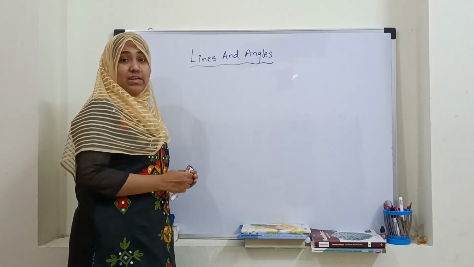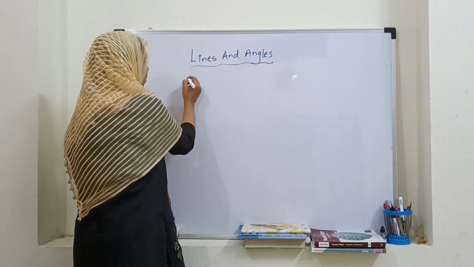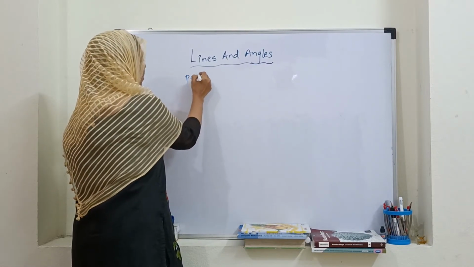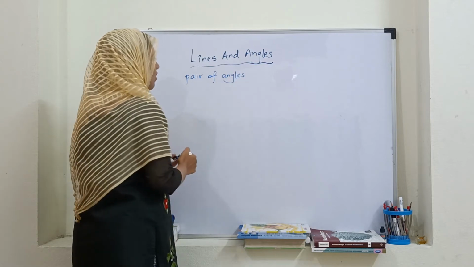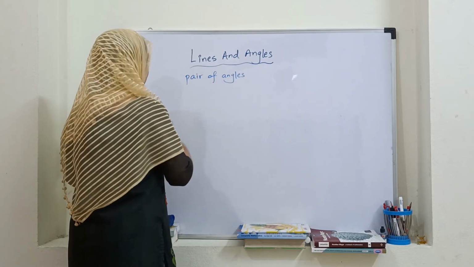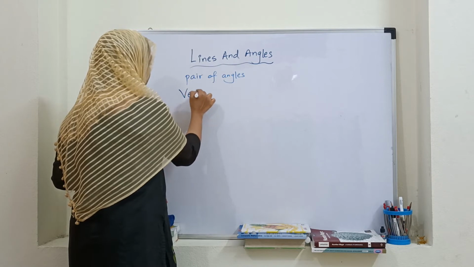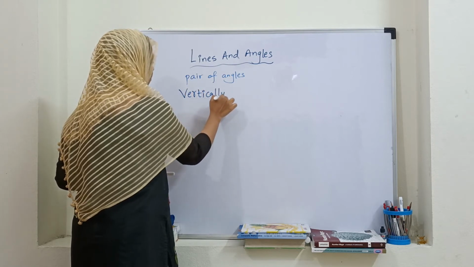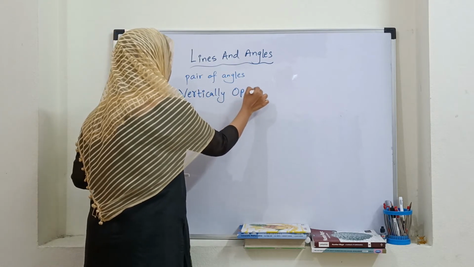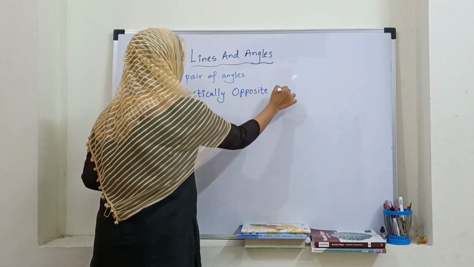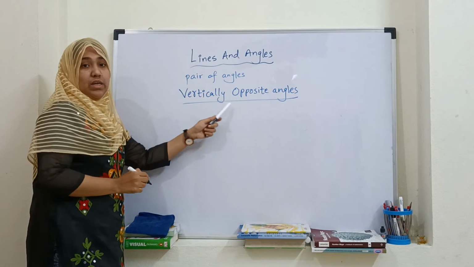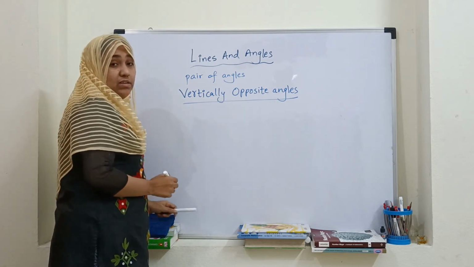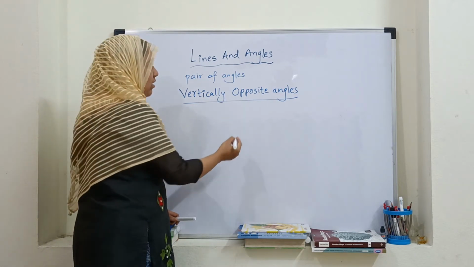Now again in lines and angles, we will go for another special pair of angles. In that we will see vertically opposite angles. So what does it mean by vertically opposite angles, and which angles can we call vertically opposite angles?